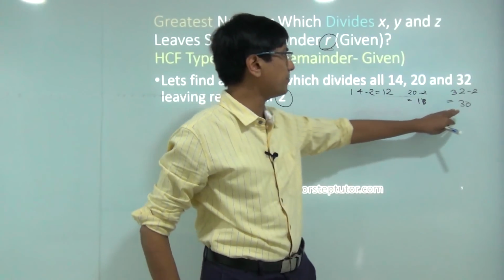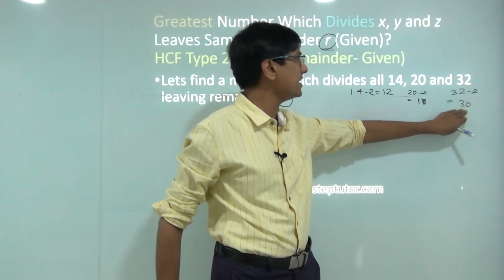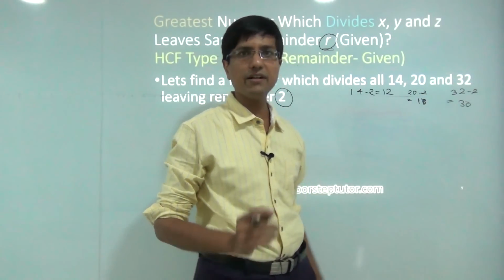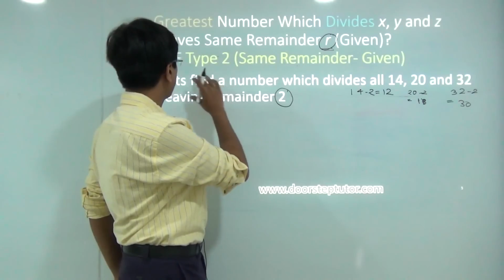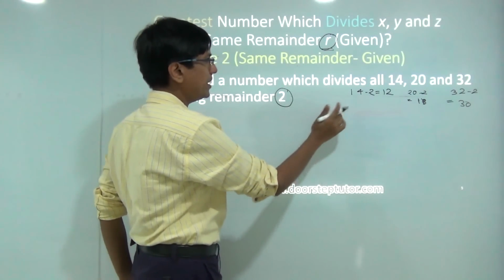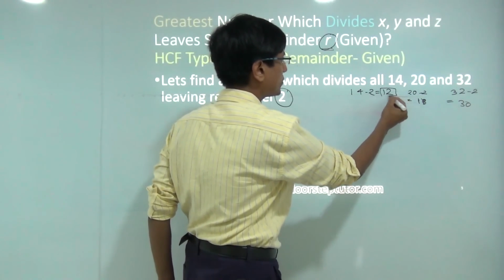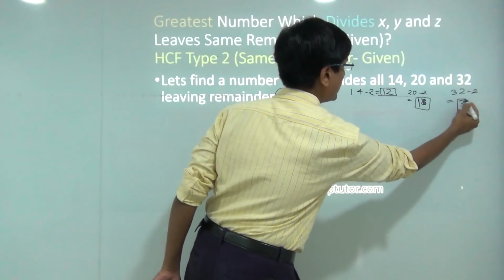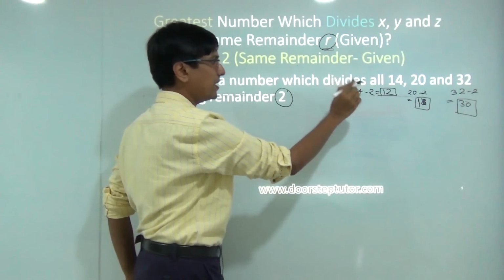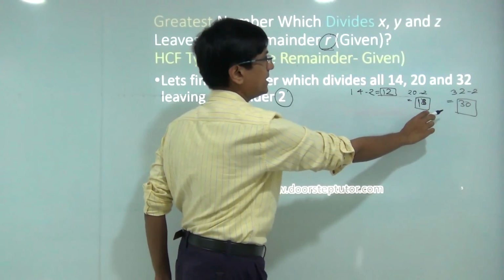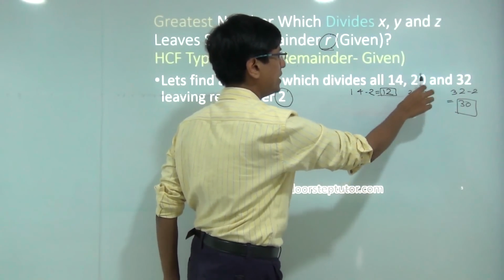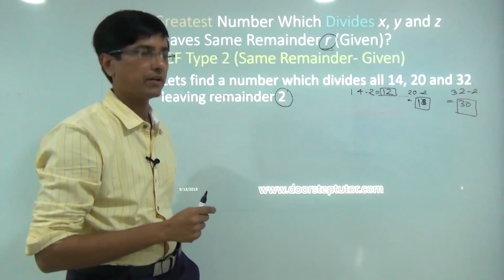Only when this number completely divides 30, we would be left with a remainder of 2 when 32 is divided by this number. So we have to find a number which completely divides 12, 18 and 30. And this number would leave a remainder 2 when 14, 20 and 32 are divided by it.